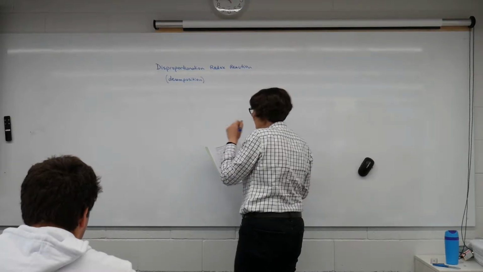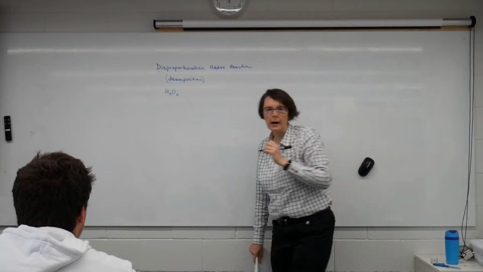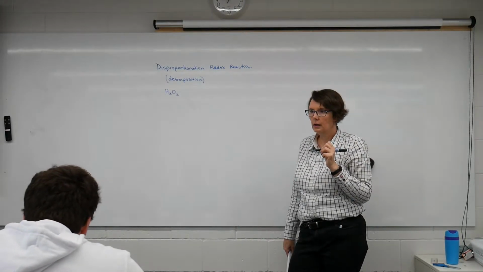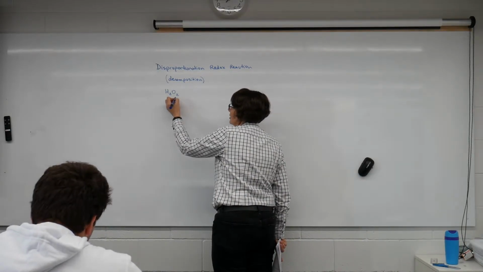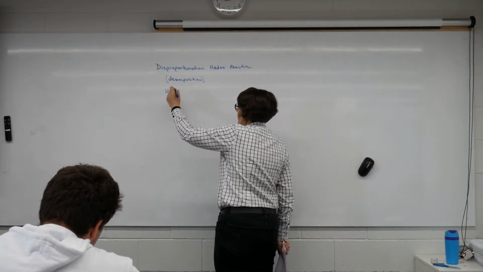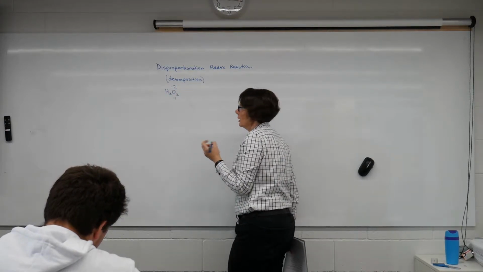And our example here is hydrogen peroxide. What do we need to remember about hydrogen peroxide? The oxygen has an oxidation number of -1. That's right. And because there are two of them, that gives us a total of -2.